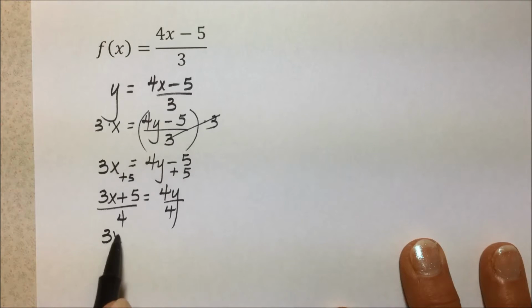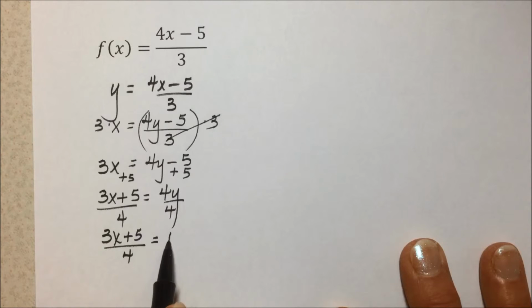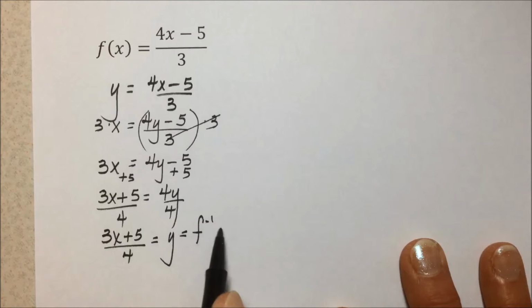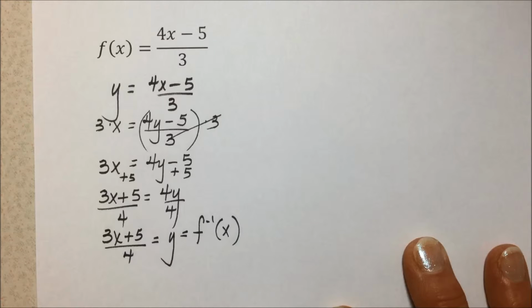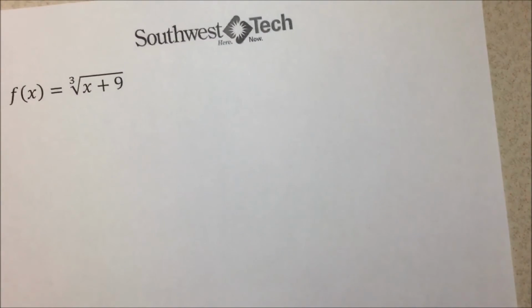We now have 3x plus 5 over 4 is equal to y. Last step, replace y with the inverse function notation. And because we were able to uniquely solve for y after x and y have been interchanged, this is a one-to-one function, and we have the inverse defined as 3x plus 5 over 4.